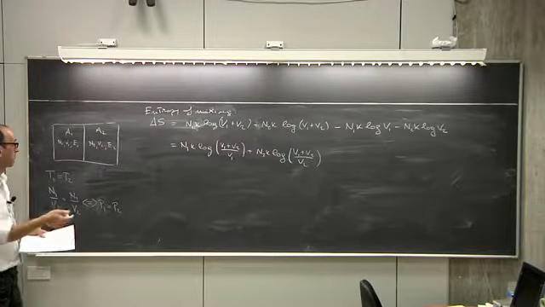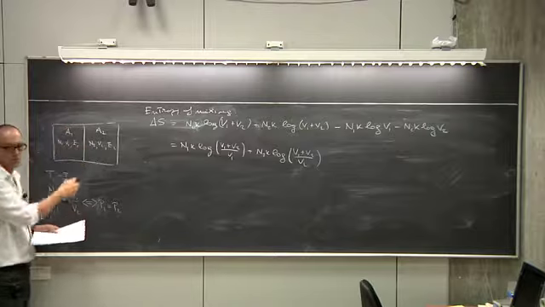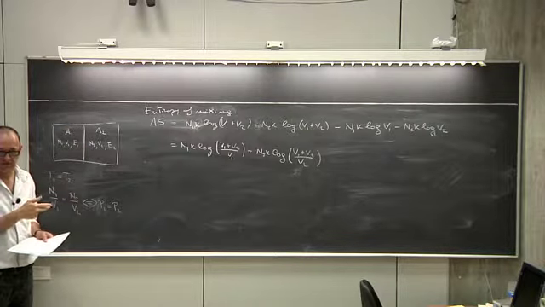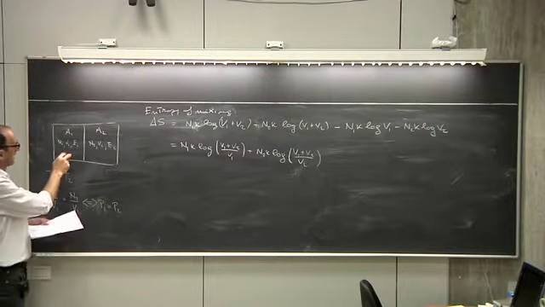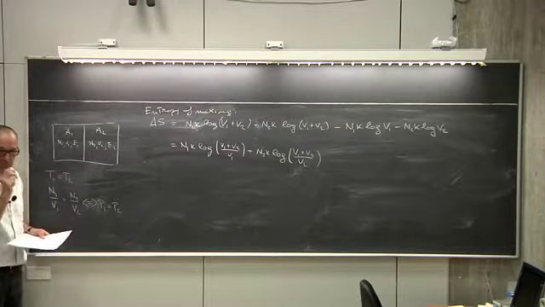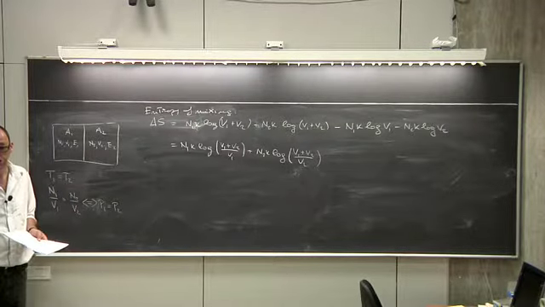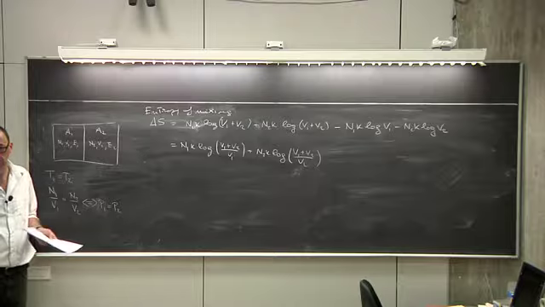But at a certain point, I can think of putting the wall again. And I will have a thermodynamic system, a macroscopic system, which is in no way different from the one I started with. Okay?